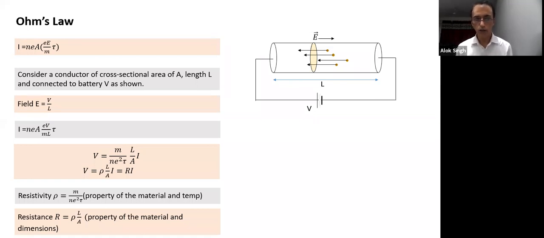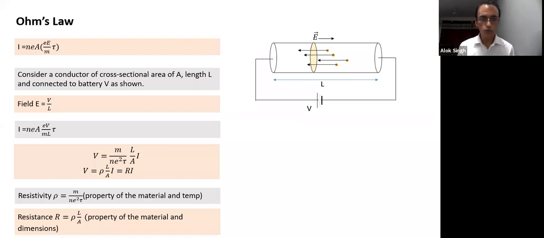We also linked resistance to resistivity and conductivity. In terms of the broad formulas so far, first is vd, which is acceleration into time. I hope all of you remember the value of the acceleration and which time you refer to. Then we came to current, which is equal to neAvd.